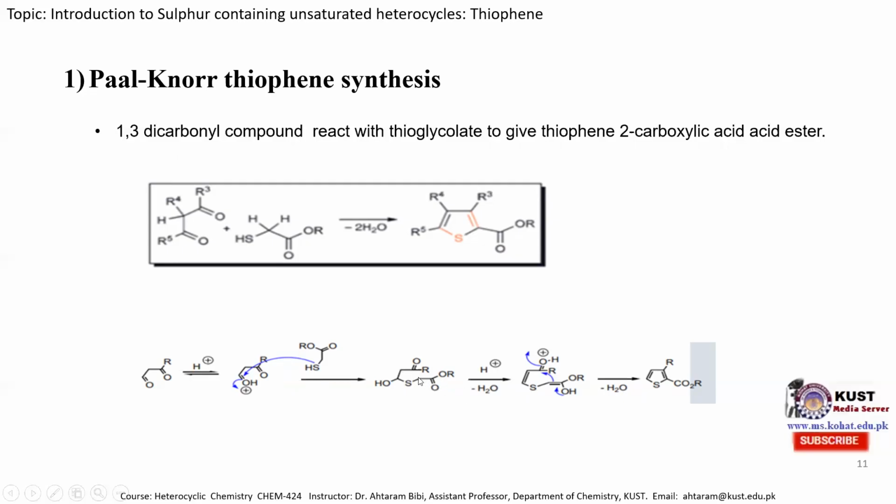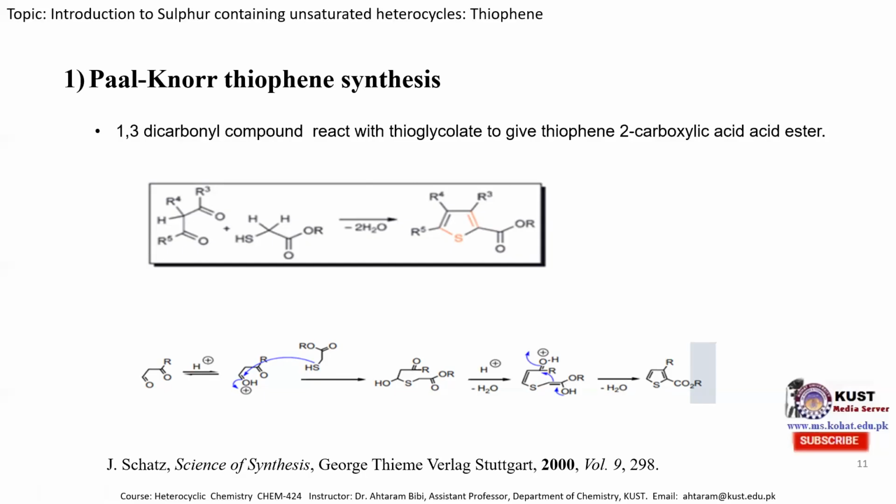Also, this oxygen atom is protonated. Then this hydrogen is eliminated, and when the lone pair of electrons shifts toward here, this pi electron attacks the other carbonyl carbon atom, which is at the third position, producing the thiophene molecule.